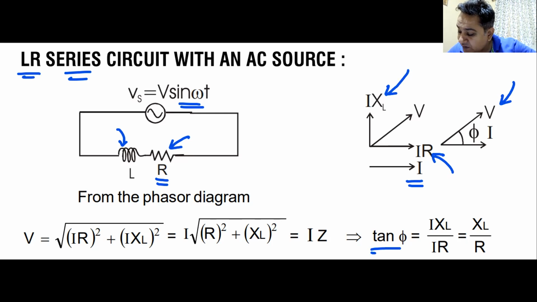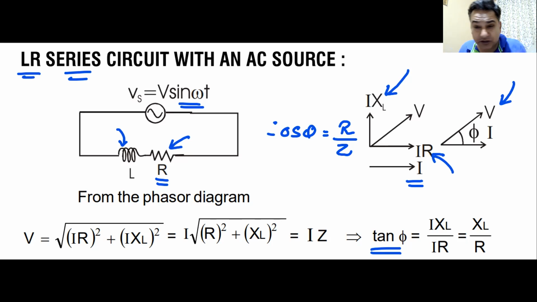What is the value of this phi? Tan of phi is XL by R. Cos of phi is again R by Z. And what is the value of Z here?